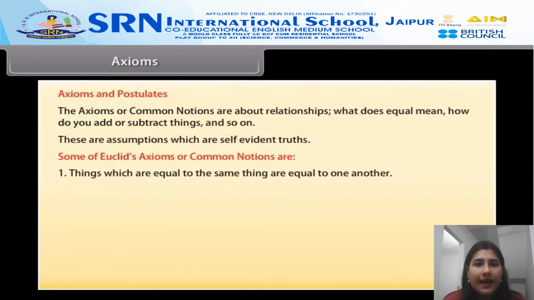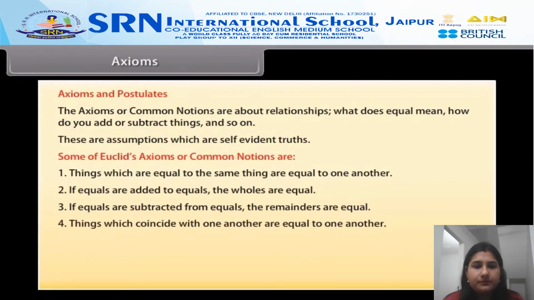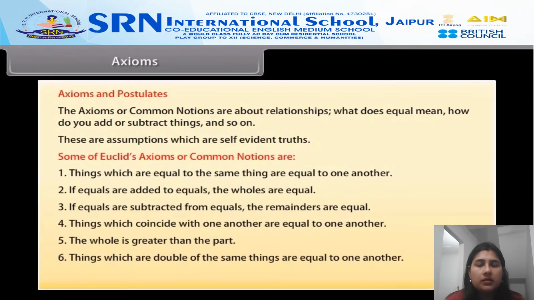Some of Euclid's axioms or common notions are: things which are equal to the same thing are equal to one another. If equals are added to equals, the wholes are equal. If equals are subtracted from equals, the remainders are equal. Things which coincide with one another are equal to one another.